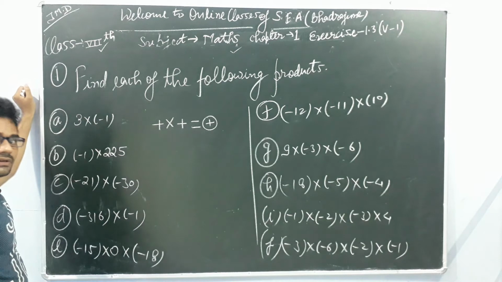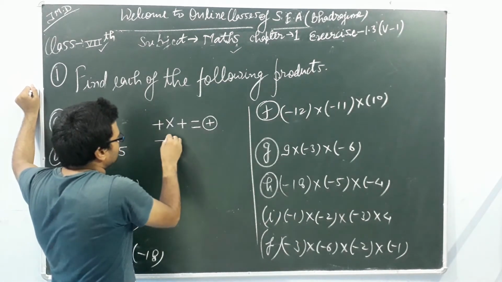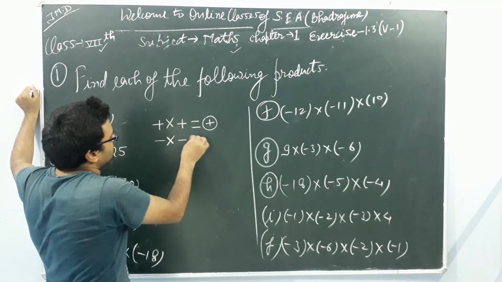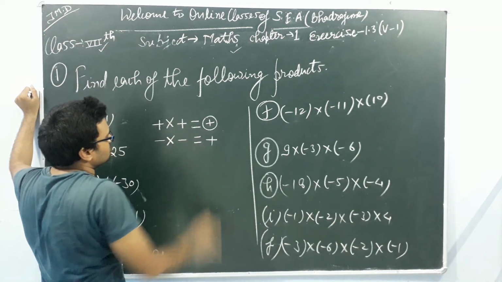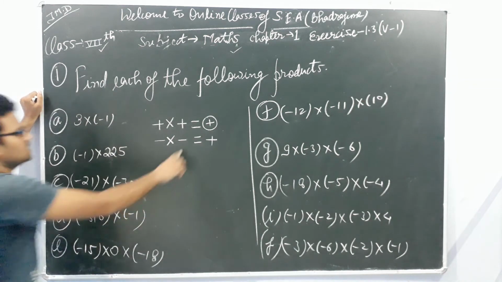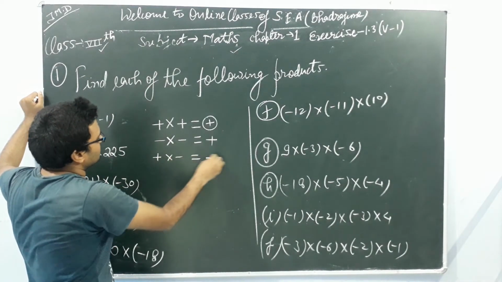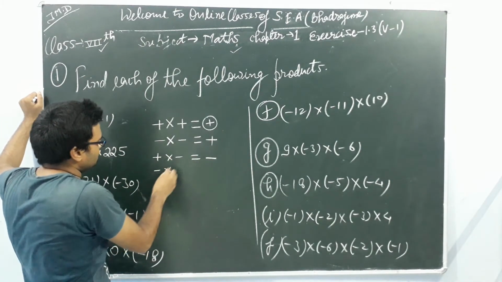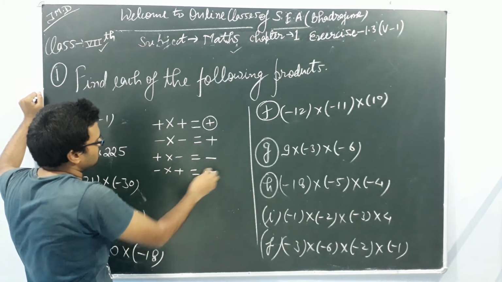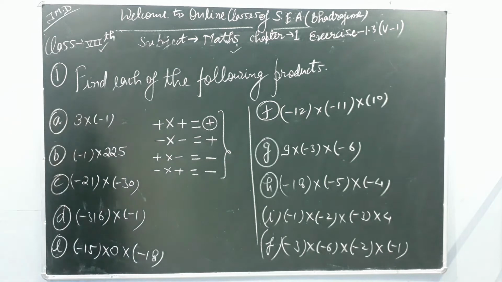Another like-sign pattern is minus multiplied with minus, which also gives plus. If we multiply plus with a minus, we get minus, and if we multiply minus with a plus, we again get a minus.